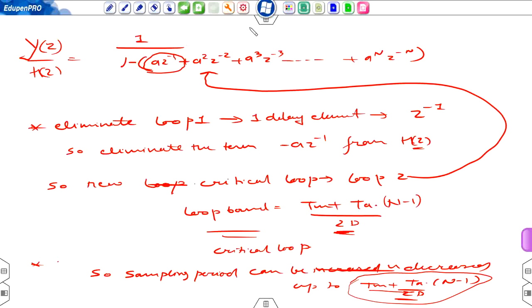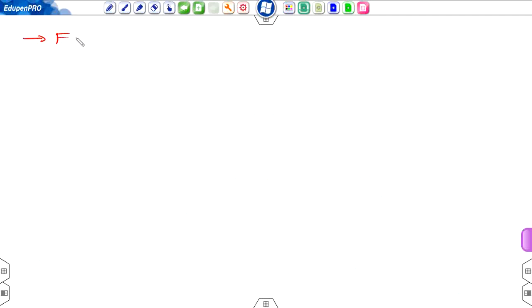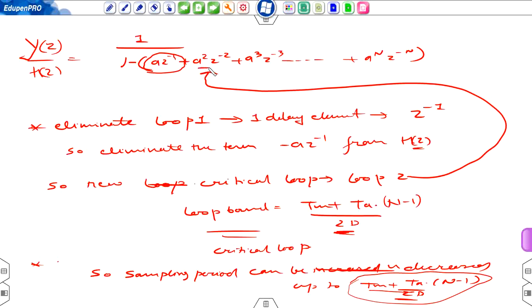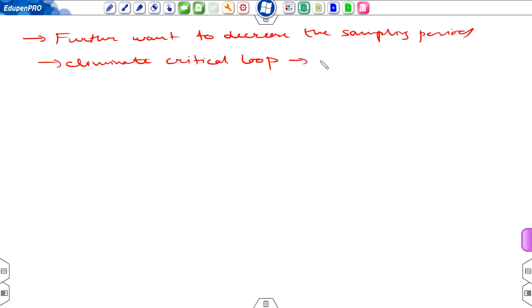Okay, further need to optimize, further you want to decrease the sampling period. Okay, so eliminate the critical loop, and this time the critical loop is associated with this a square z square. This means eliminate the term a square z raised to power minus 2.